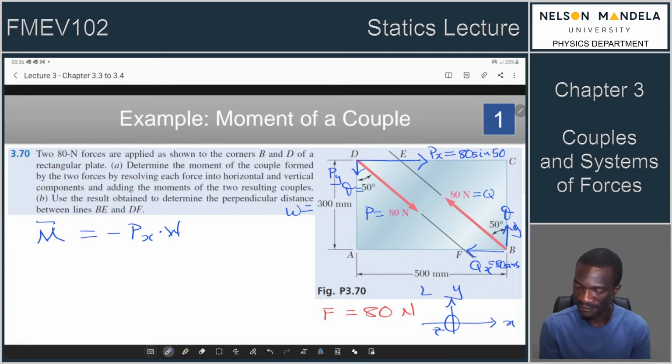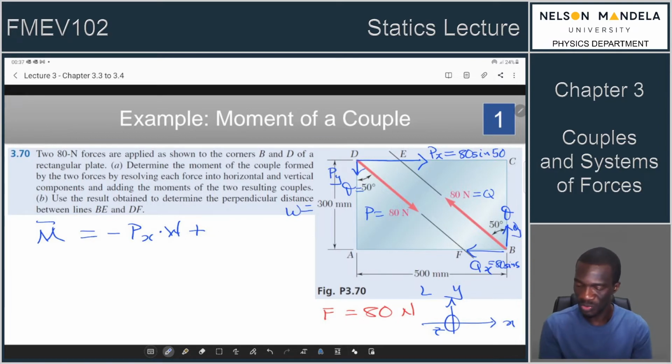Then we have the couple that is formed by this Q, which is in the Y, and this P that is in the Y. And we said, if we look at the magnitudes, they are both 80 cos 50. So these generate an anti-clockwise moment. And by definition, remember yesterday we said the anti-clockwise moments are positive. So that would be a plus.